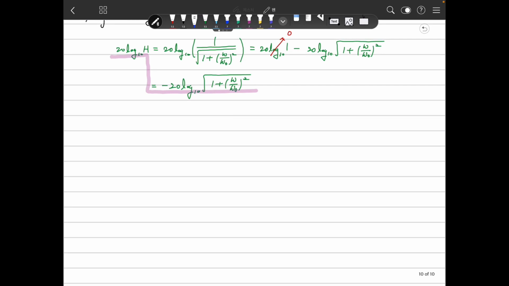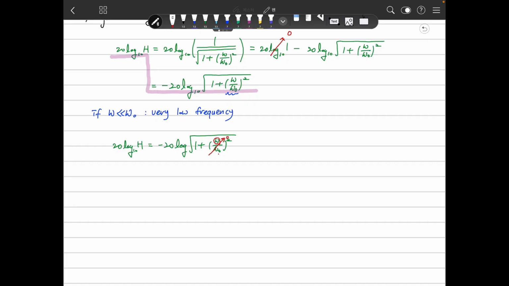For example, if the frequency is very small compared to omega 0, that means very low frequency compared to omega 0, then we can rewrite 20 log10 H, the magnitude, as minus 20 log of 1 plus (omega over omega 0) squared, but this value is very small compared to 1.